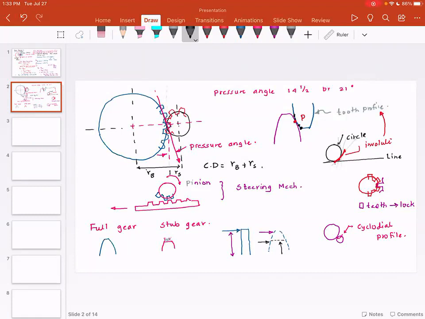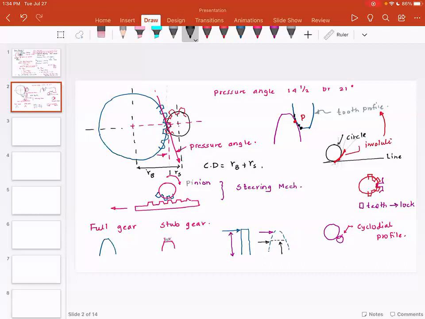And sometimes you shave the gears to maintain the constraints on the center distance. So you want center distance to be particular, say 202 millimeters. So what you do is you shave off the gears or grind the gears and make it into stub gears so that these two gears fit into the center distance requirement.